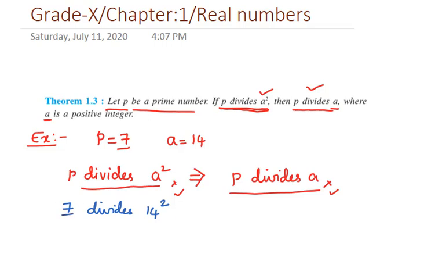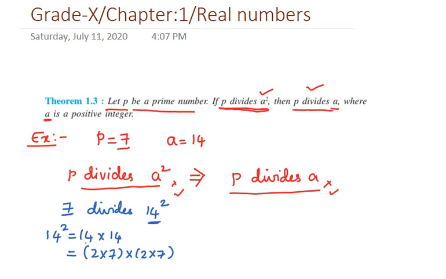If 7 is a factor in the prime factorization of 14 square, then I can say it is satisfying the condition. 14 square is nothing but 14 into 14. 14 is repeating twice here. For the first 14, the prime factorization we can write is 2 into 7, and the second time also you will get 2 into 7, right?